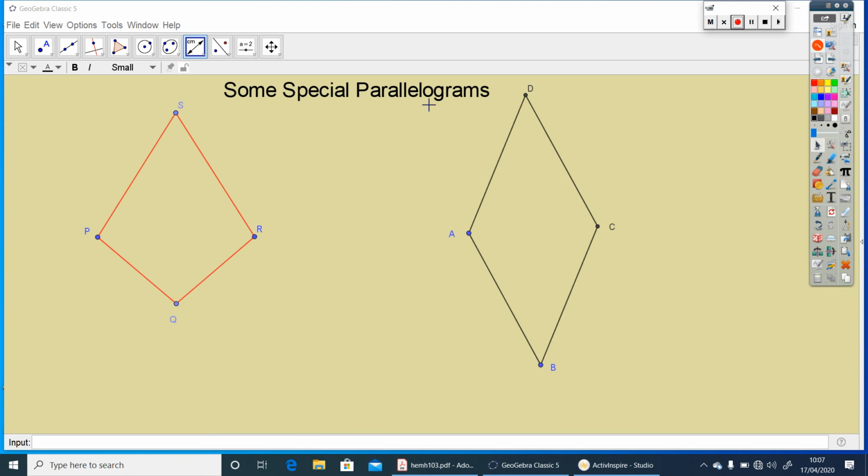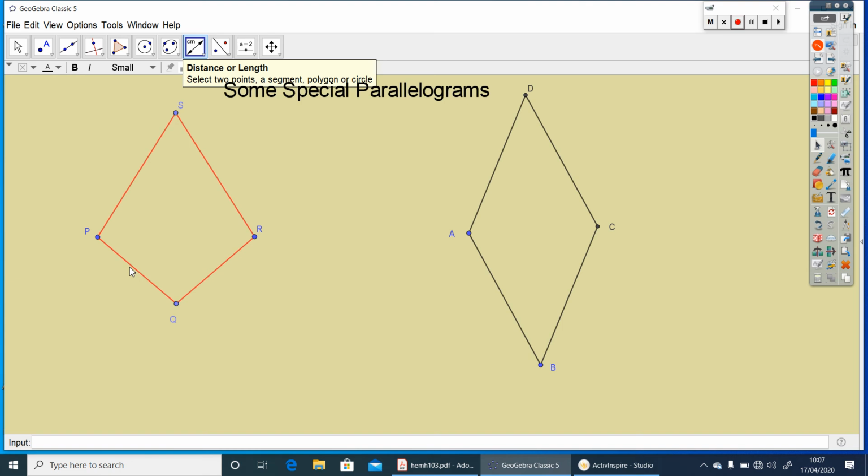Some special parallelograms. Here we have two quadrilaterals. One is PQRS, another is ABCD. Now let us check the sides of the first quadrilateral PQRS.